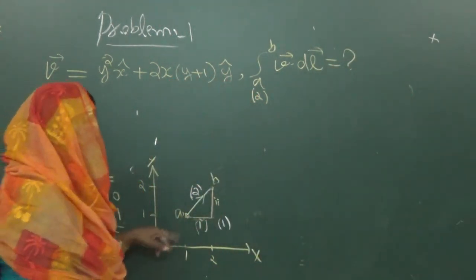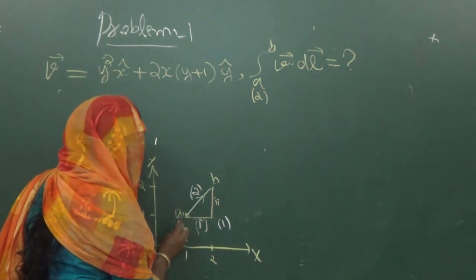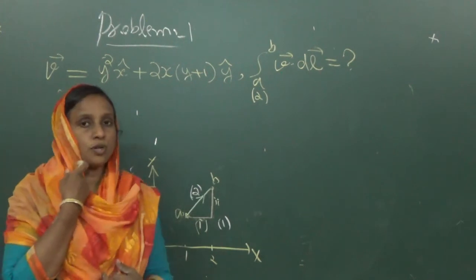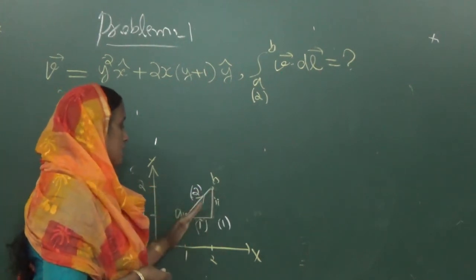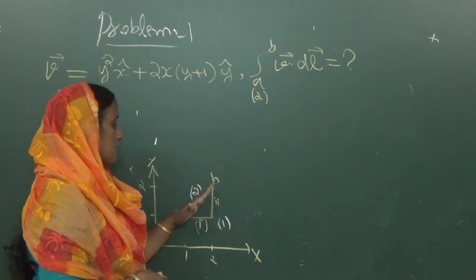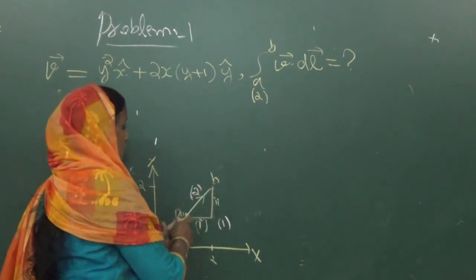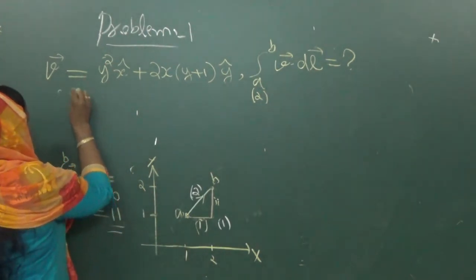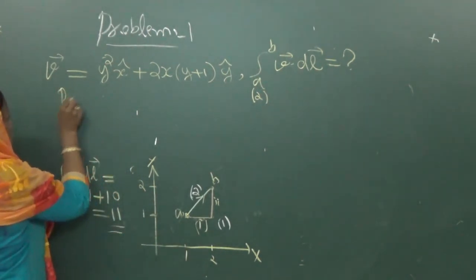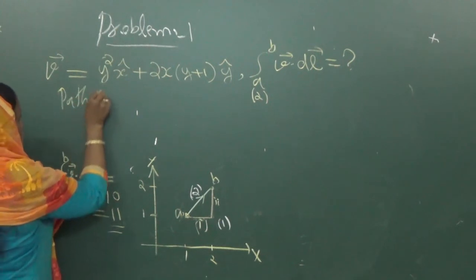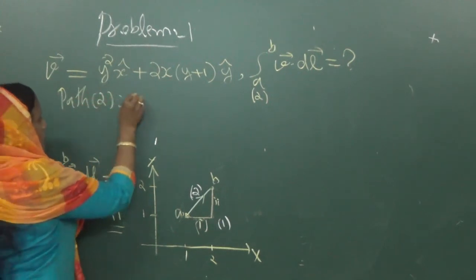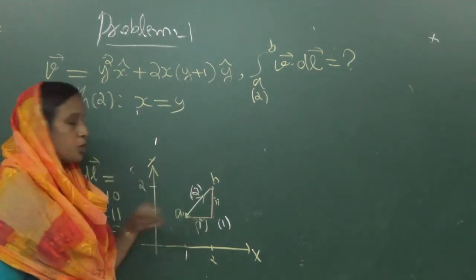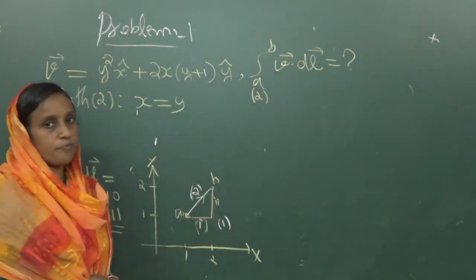You know that A is (1,1) and B is (2,2). So what is the connection between x and y along this line? This is a straight line, and from the coordinates of A and B, you can find that along path 2, x equal to y.